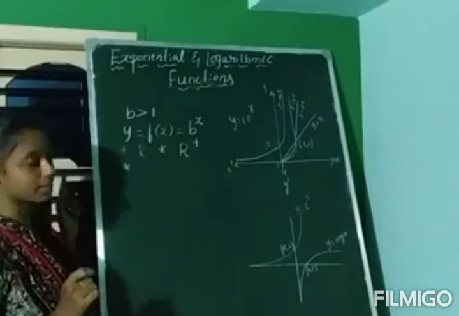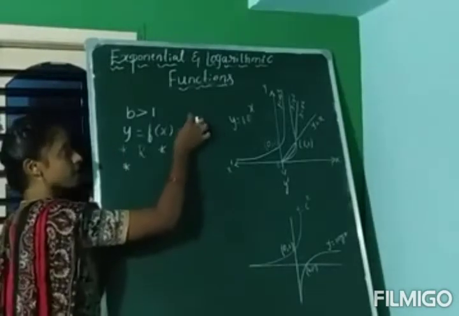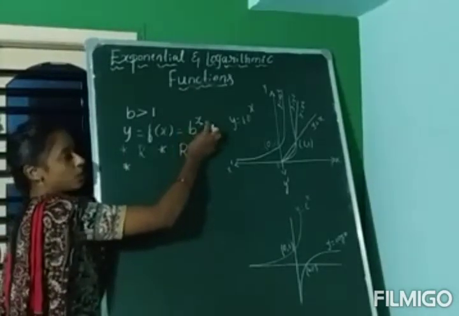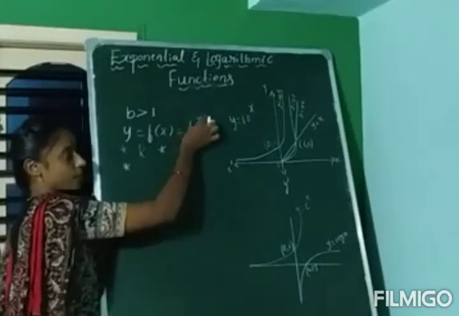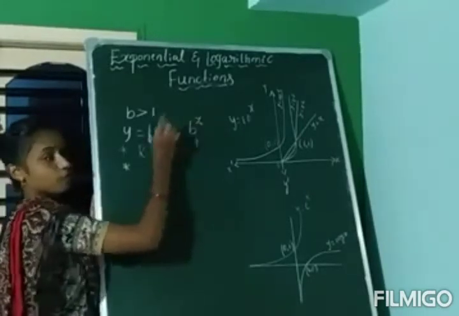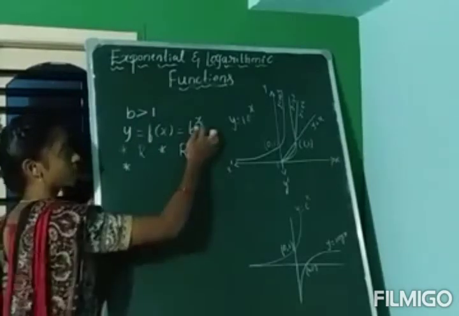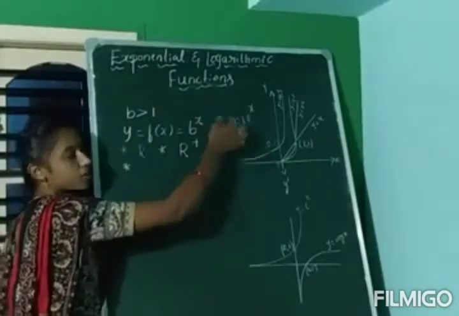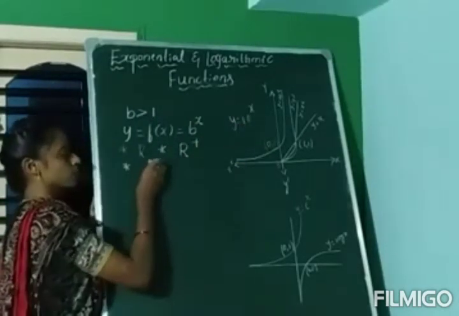And lastly, I can say that for a very large negative value of x, the graph is closer to 0.